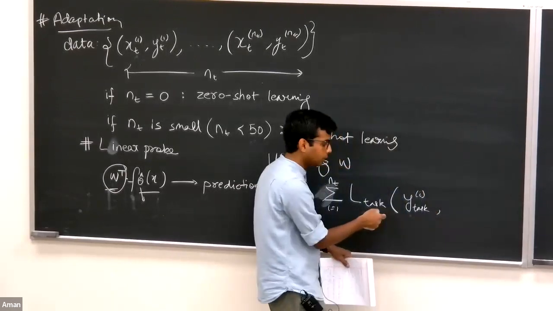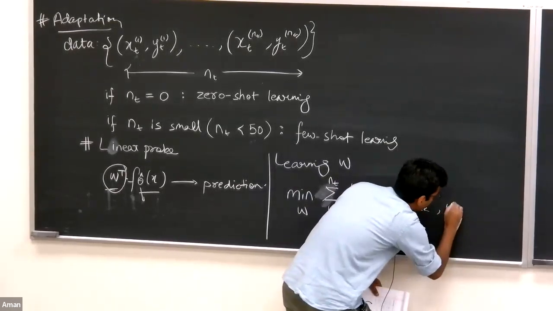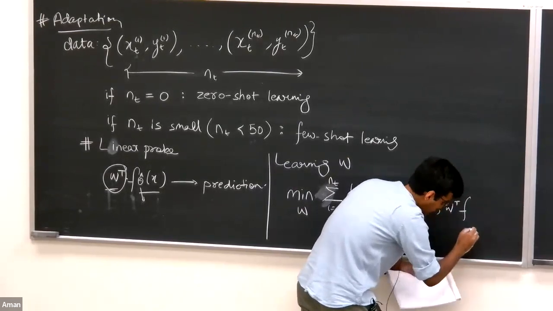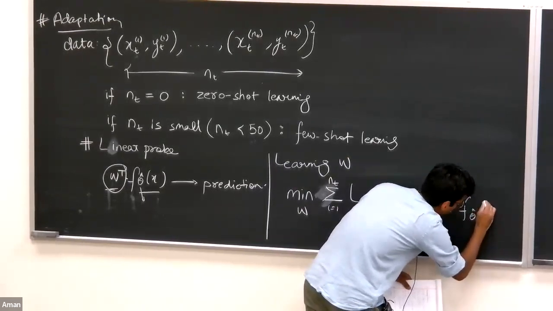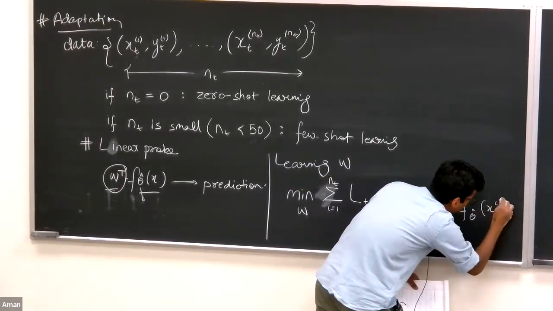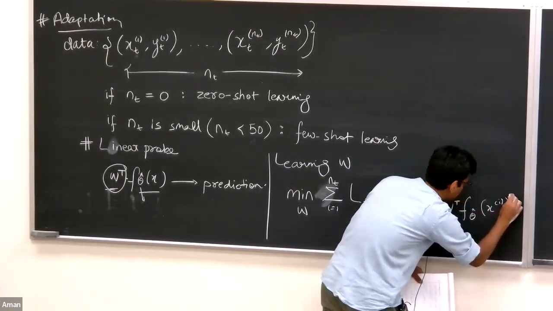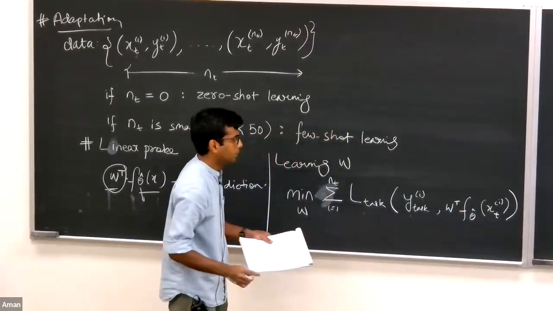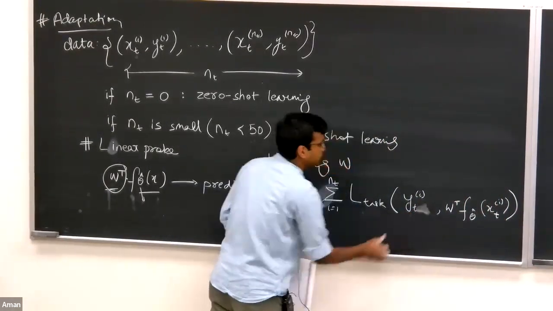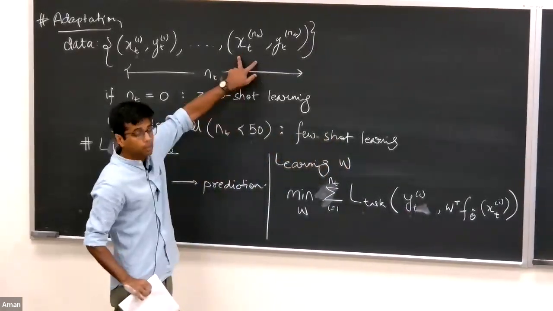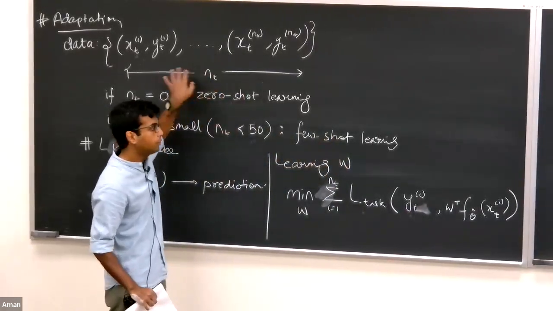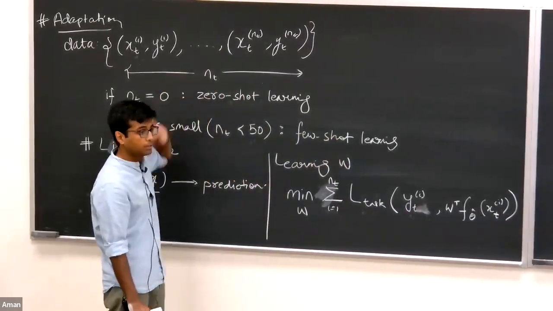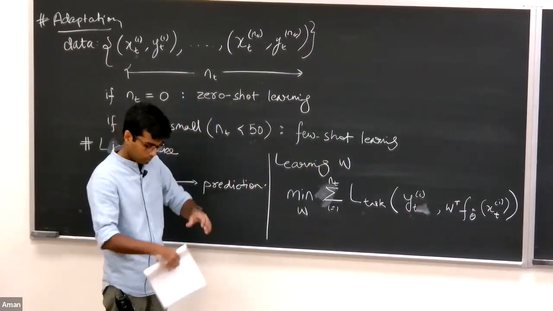And this is the ith label. And this is the ith sample, right? You take samples from here and you optimize the W on a loss over this data set. Okay. Make sense?